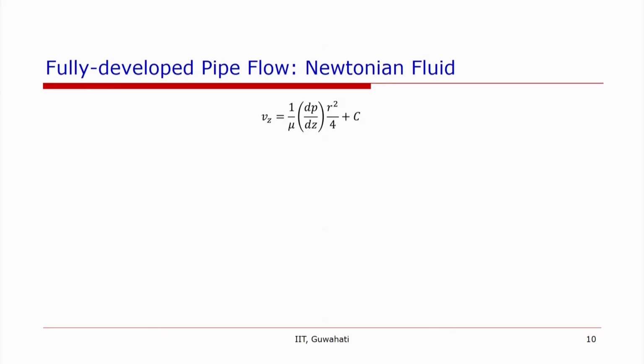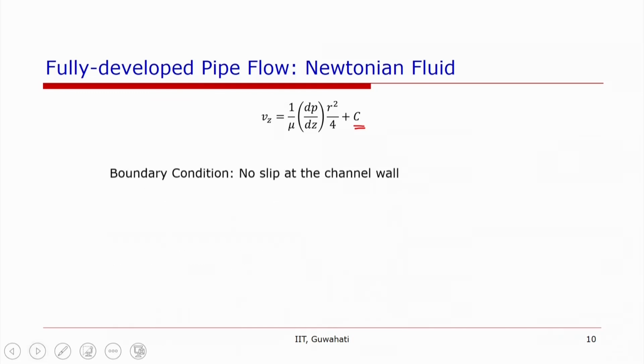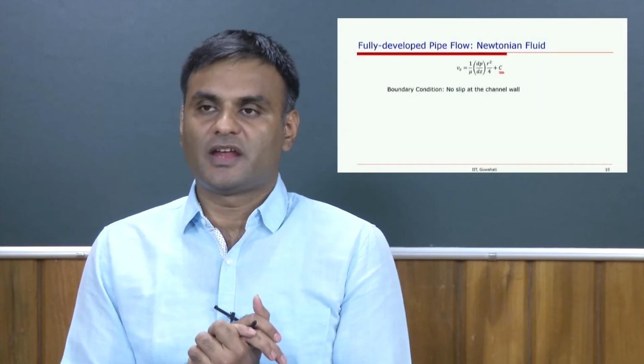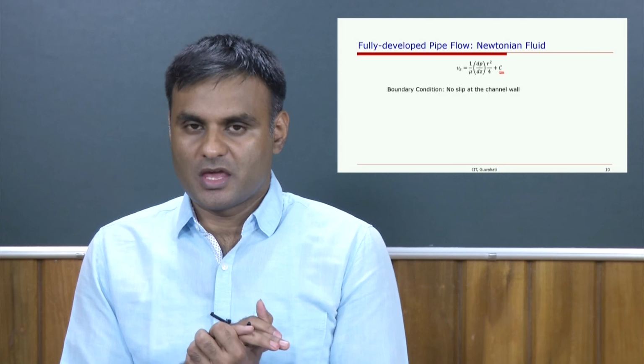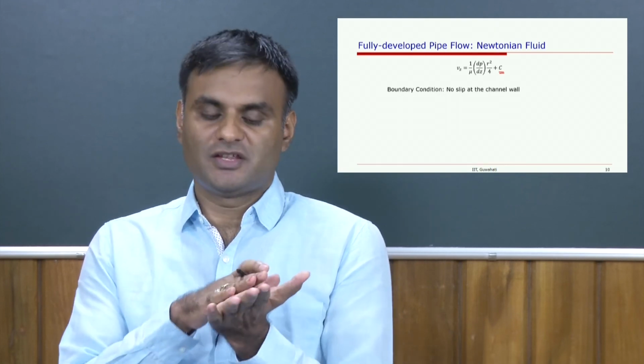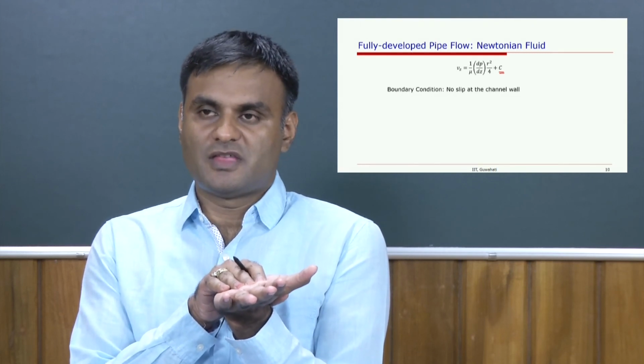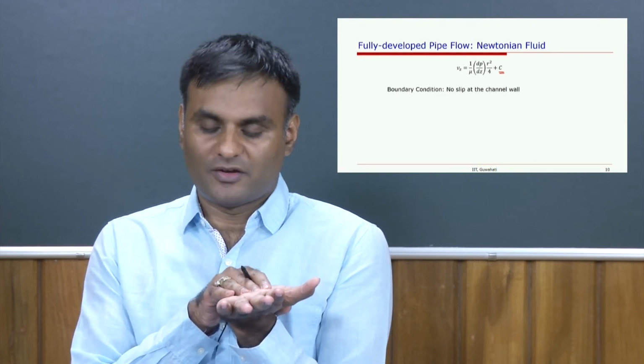And now our task is to find this constant in the integration, and this can be found by the use of a boundary condition, the no slip boundary condition at the channel wall. It essentially says that when a liquid is in contact with a solid wall, there is no slip between the fluid molecule in contact with the wall and the wall.